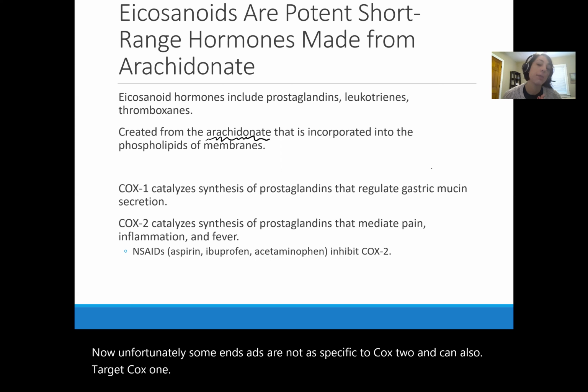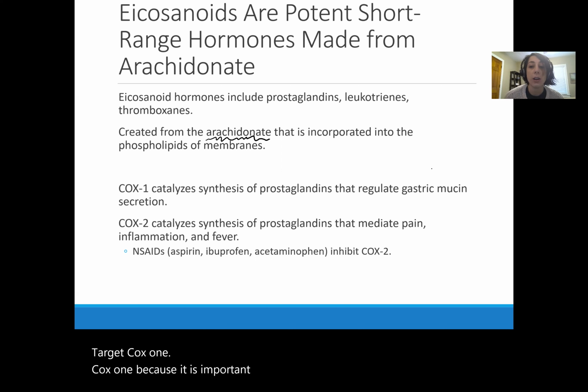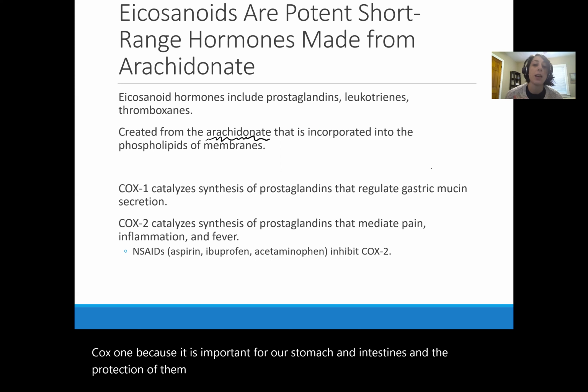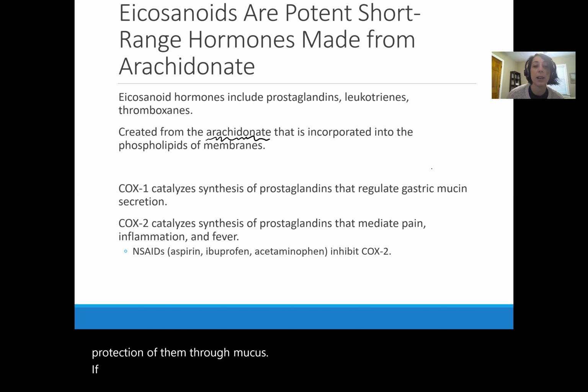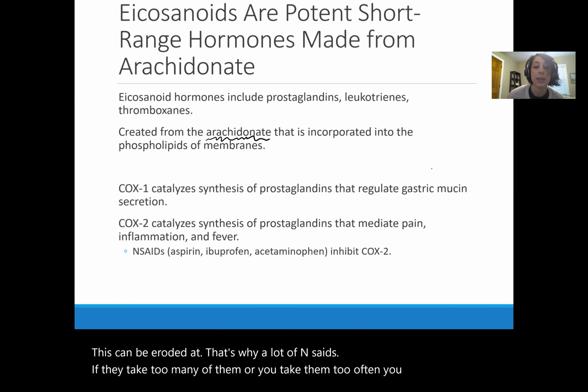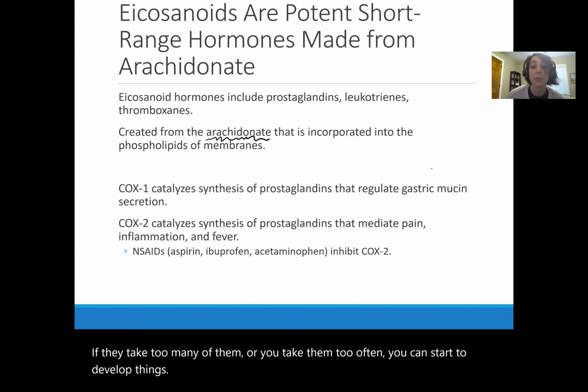COX-1 is important for our stomach and intestines and their protection through mucus. If it is inhibited, this can be eroded. That's why with a lot of NSAIDs, if you take too many of them or take them too often, you can start to develop problems with your stomach.